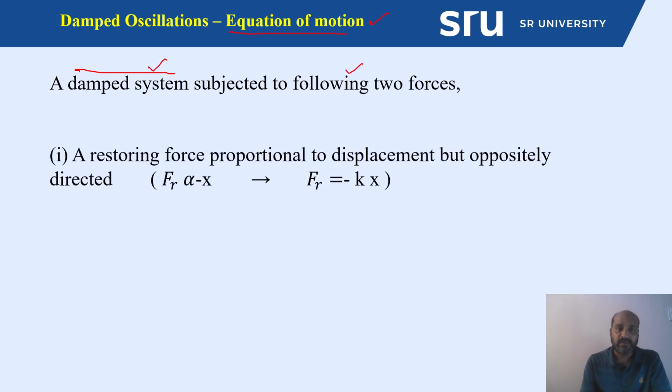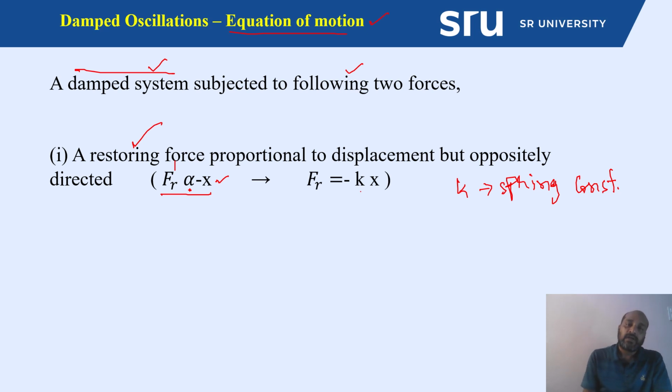One of them is the restoring force, and this restoring force is proportional and opposite to the displacement of the oscillator. If you replace the proportionality with a constant, then Fr is equal to minus Kx. And here K is the spring constant.